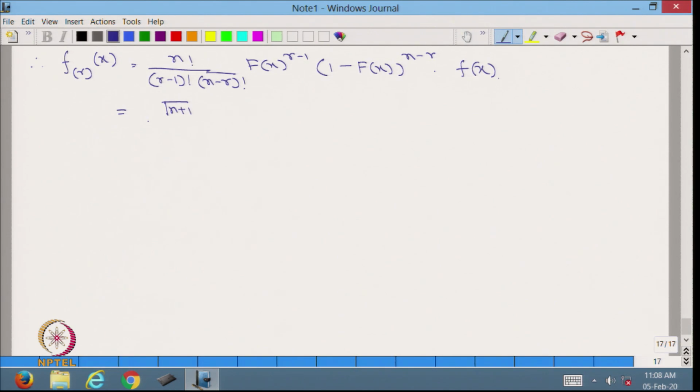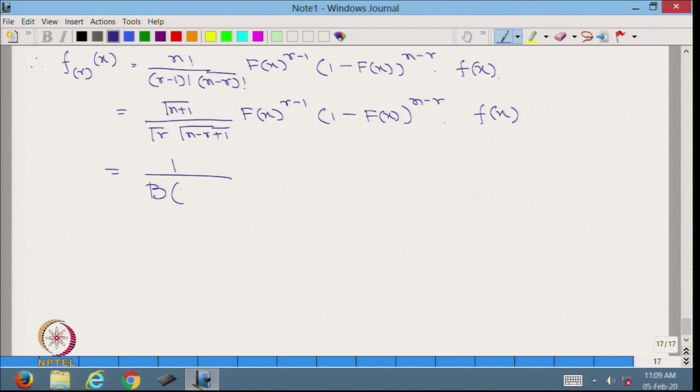gamma n plus 1. We know that gamma n plus 1 is equal to n factorial, upon gamma r gamma n minus r plus 1, F(x) to the power r minus 1, 1 minus F(x) to the power n minus r into f(x), which is equal to 1 upon beta of r comma n minus r plus 1 into F(x) to the power r minus 1, 1 minus F(x) to the power n minus r into small f(x).